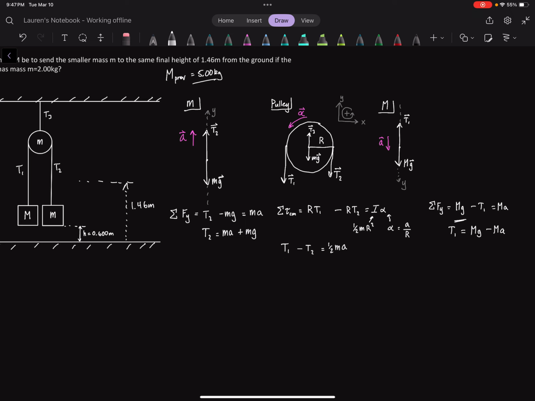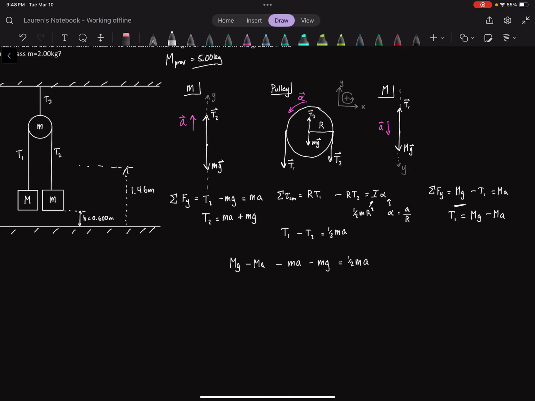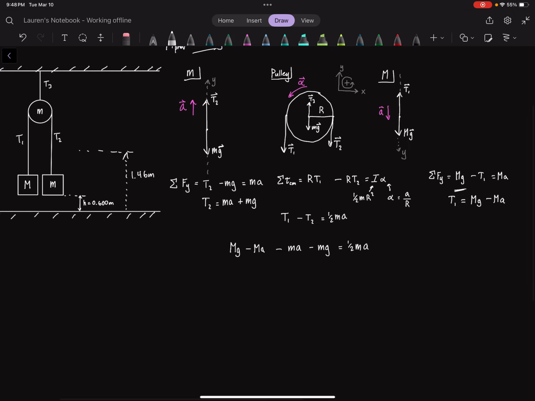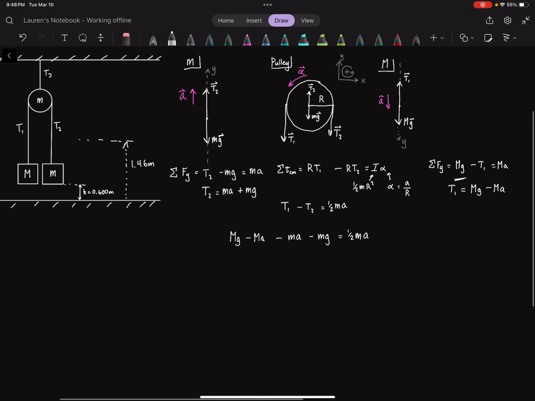So we have mg minus ma, that's T1, minus, we'll have to remember to apply this minus sign to both terms, so minus (ma plus mg) equals 1/2 little m times a. That's not too bad, right? All right, even though we're focusing on big M, my mind kind of just always solves it that way because it's almost always acceleration and the tensions are just right there.